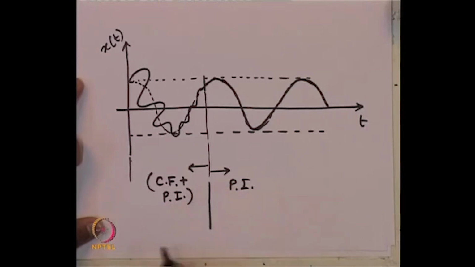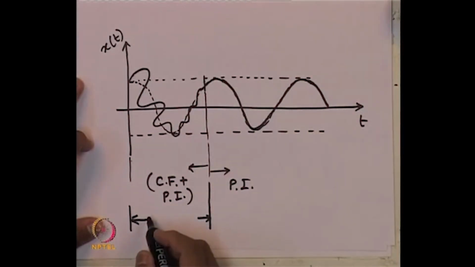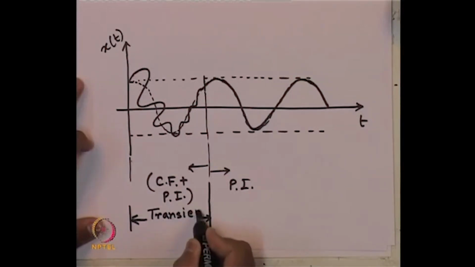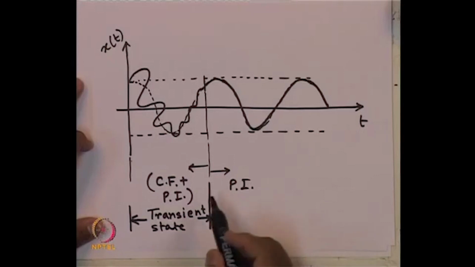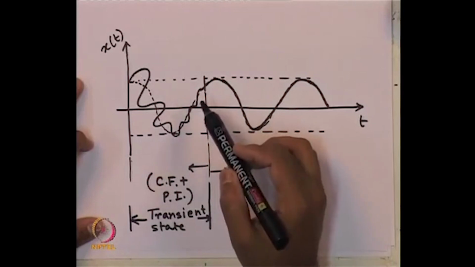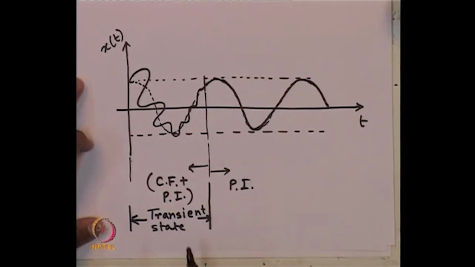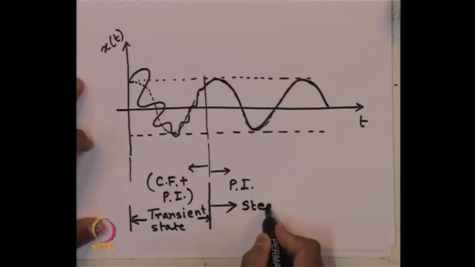The terminology which we use for this zone, where we have this aperiodic response, is called transient state. And when this initial effect dies down and the response of the system follows the particular integral solution only, that is the harmonic function in this case only, we call that state as steady state.